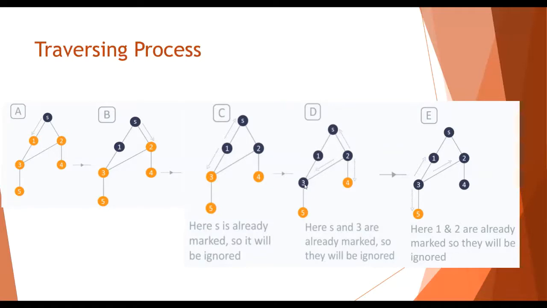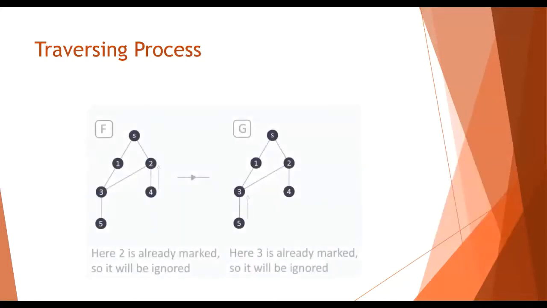Since node 3 has already been searched, we go straight to node 4. And if it's not in node 4, go back to S to check what is connected to node 3, which is 5. So the last node that will be searched is node 5. This is how we traverse in breadth first searching.